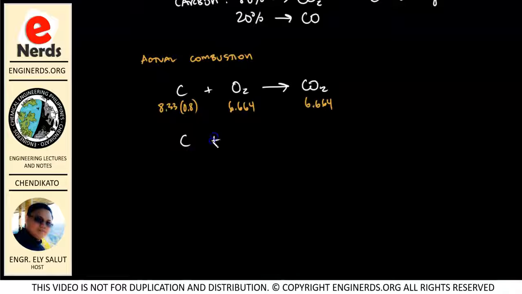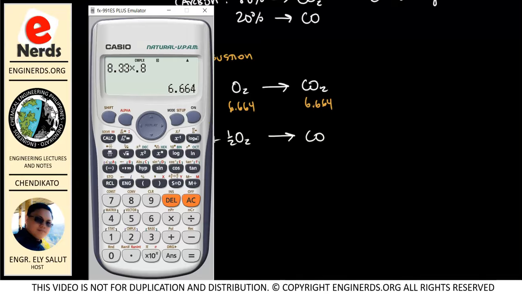Ngayon, yung ibang carbon natin, is na-convert to CO. So, carbon plus O2 becomes CO. So, to balance, we have 1/2 O2 here. So, our carbon here, 20%, 8.33 times 0.2, is converted to CO. So, 1:1 din tayo sa CO, no? So, kunin lang natin yung value niya.